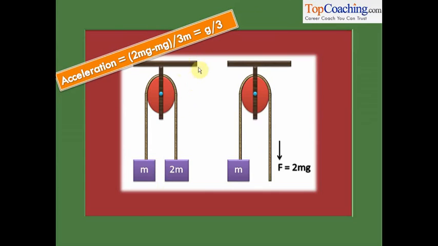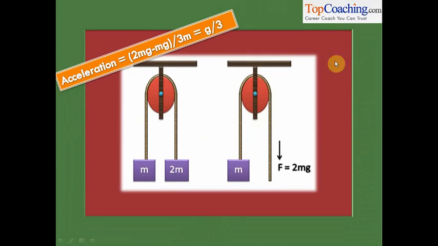And the net mass being pulled is 3m, 2m plus m, isn't it? So the acceleration of both m and 2m masses is g by 3. If you stretch the string, then 2mg force will act on the right, mg force will act on the left, and the net force will be 2mg minus mg, and the net mass being pulled will be 3m.